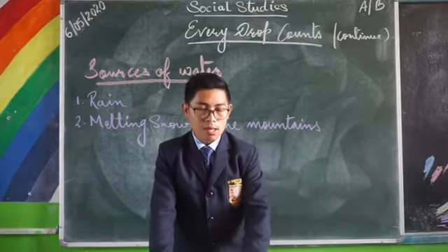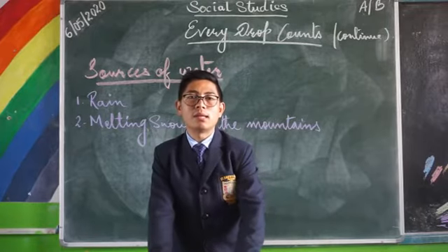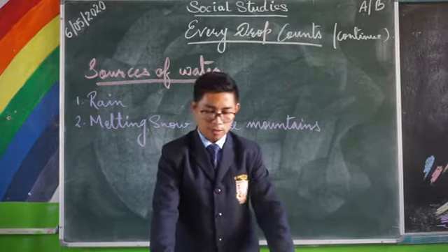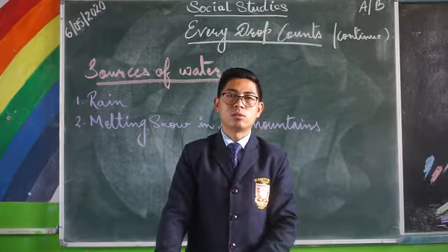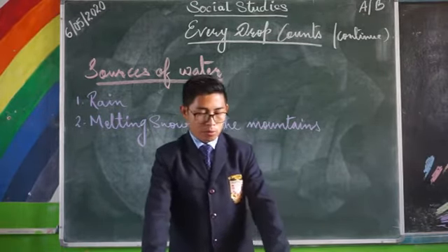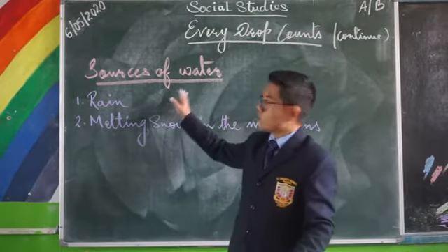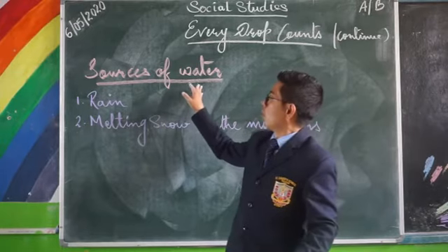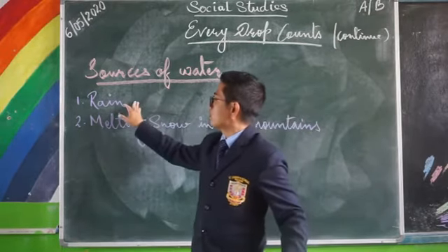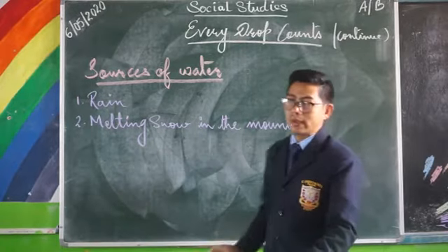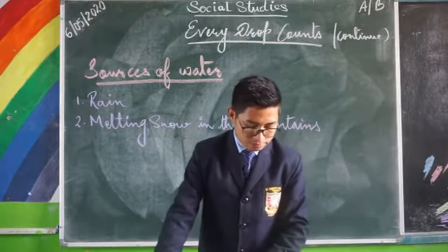Because the water of these oceans and seas is too salty. So it's not possible for us to use those waters. So, as I've told you, there are two main sources of fresh water. One is rain and the other is melting snow in the mountains.